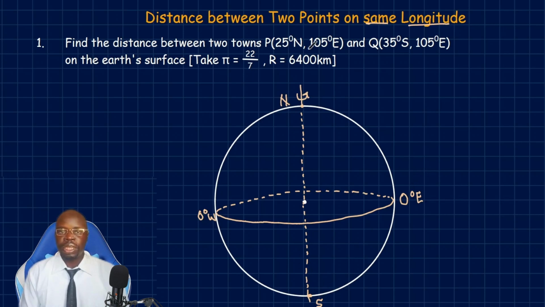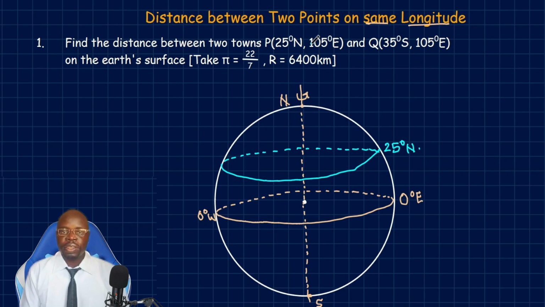So let's take a look at the first point and estimate it up here. The first point is at 25 degrees north, which passes from maybe here. We're just making some estimation, though it's not accurate, but at least you get the point. So this is 25 degrees in the northern hemisphere. Now let's also finish this eastern longitude.